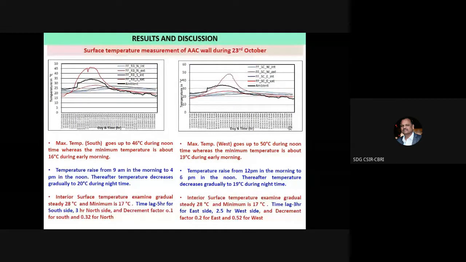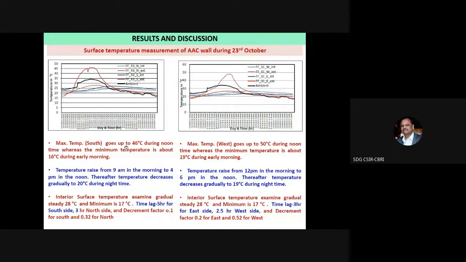So we can see that the maximum temperature reaches 46 degrees centigrade, but on the west side it reaches 50 degrees centigrade. During the daytime the minimum temperature observed is 16 degrees, whereas on the west side it is 19 degrees. With this, we have found out the time lag.